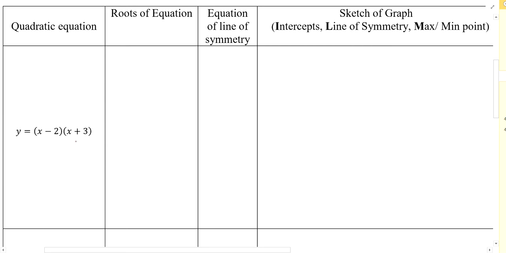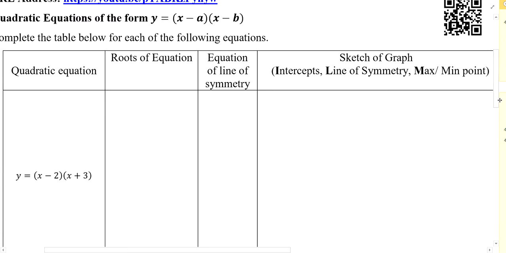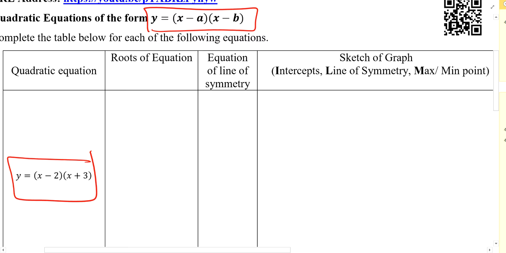So y equals to (x minus 2)(x plus 3). The roots of the equation, hang on. Okay, you see that all these are in the form y equals to (x minus a)(x minus b). Sometimes a is positive, sometimes b is positive, sometimes they are negative. Doesn't matter. Approach is the same.